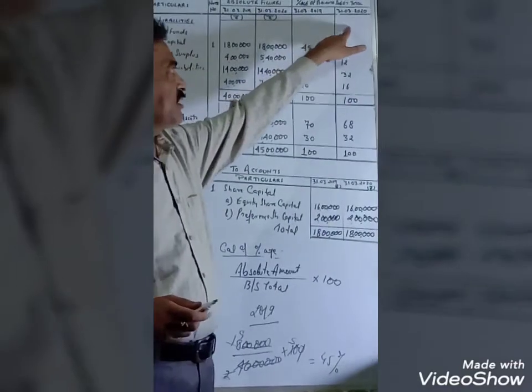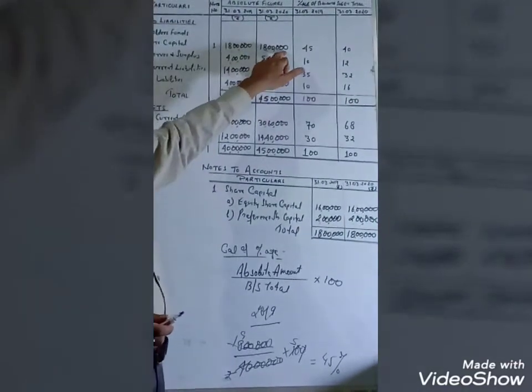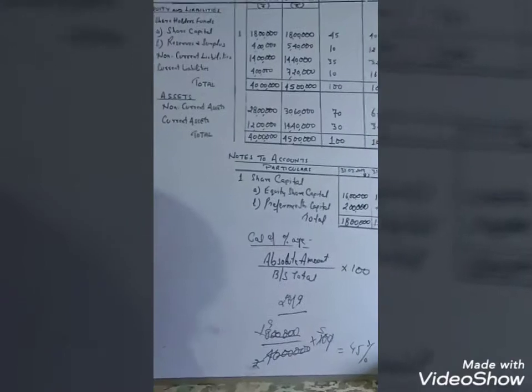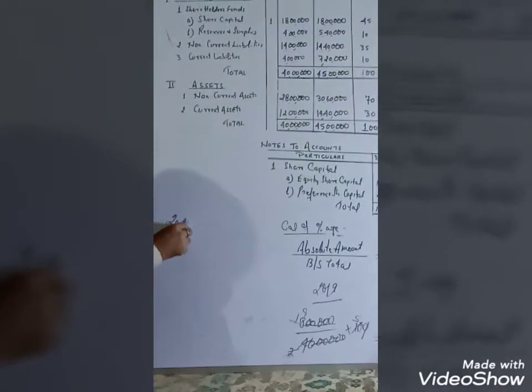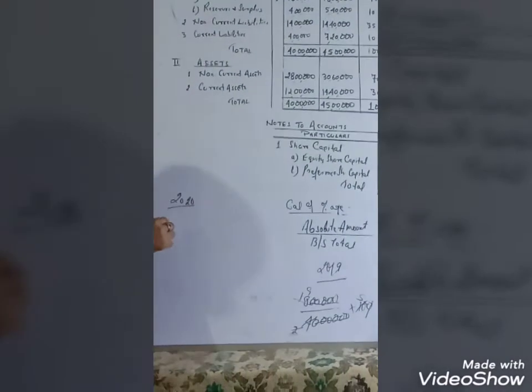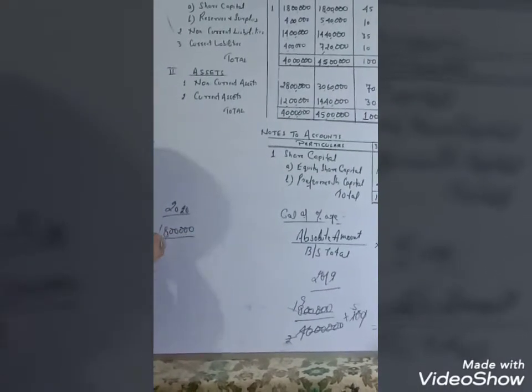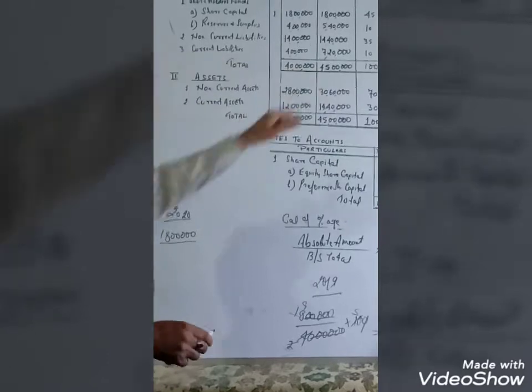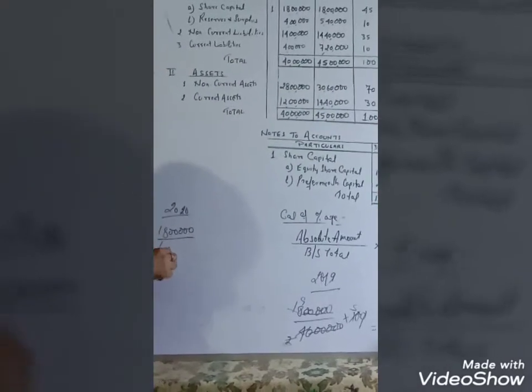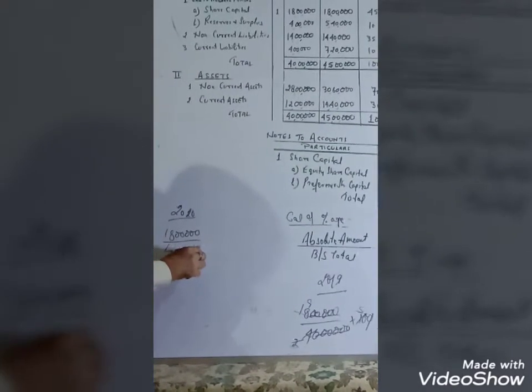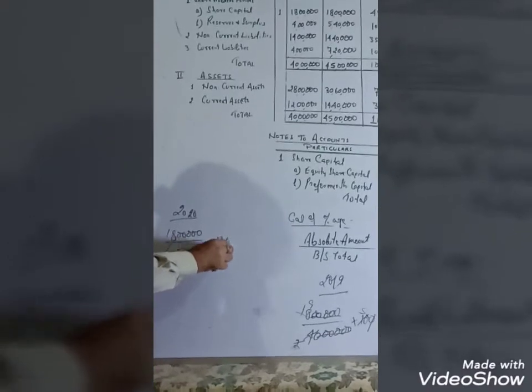And for the year 2020, it is 18 lakh. So for the year 2020, we will have to calculate separately. 18 lakh is the amount of share capital divided by 45 lakh multiplied by 100.